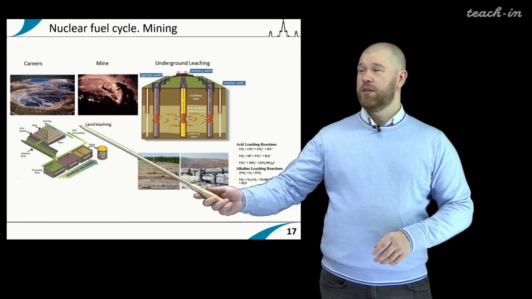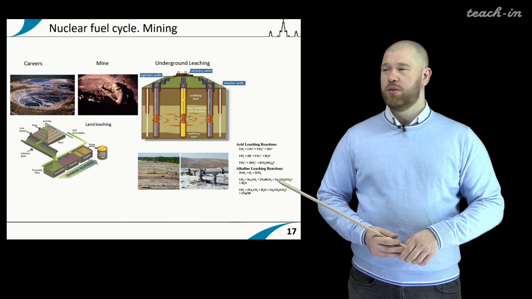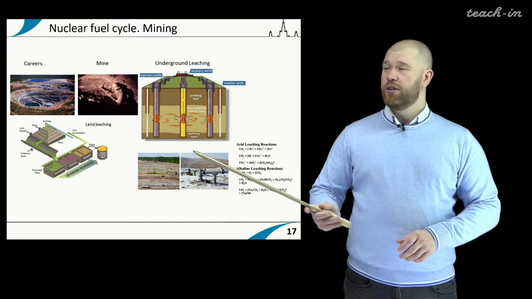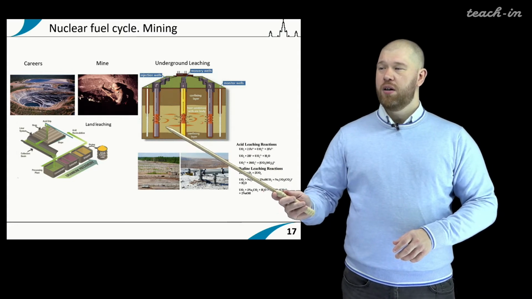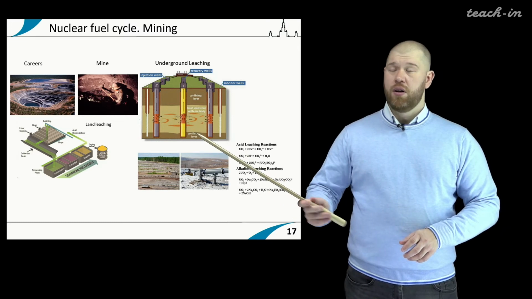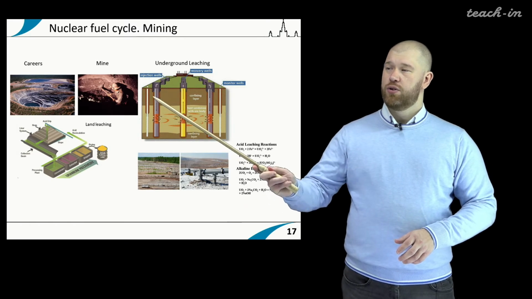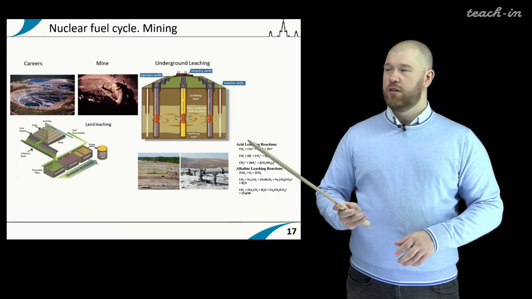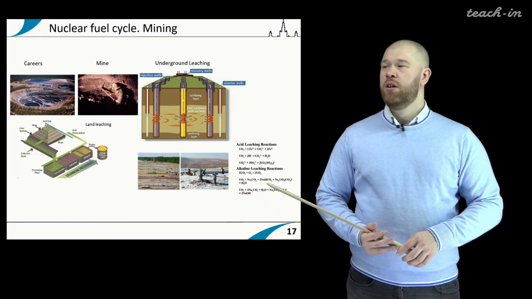Of course, but again, we can use this method only in some specific conditions. For example, this ore itself should be permeable for the solution, for the leaching solution, and also there should be some hydro-isolated layers based on clays, for example.